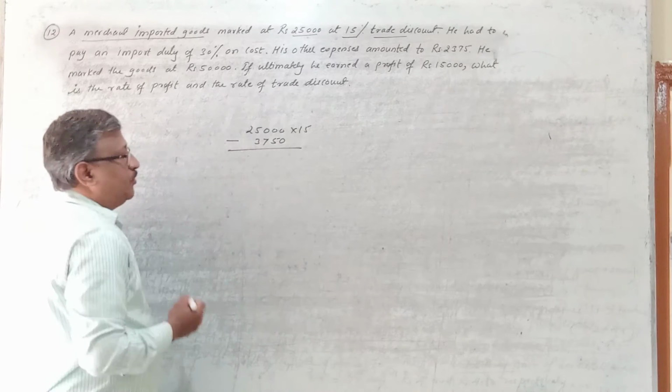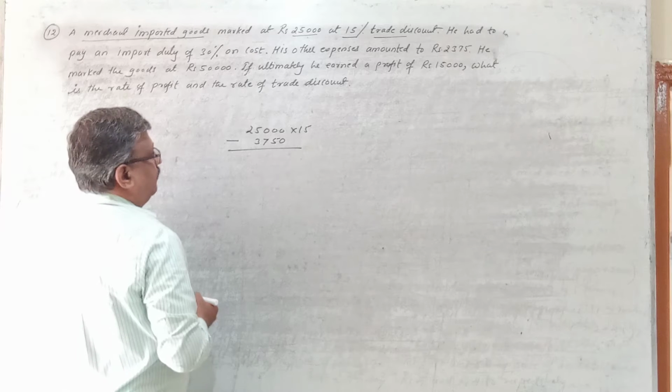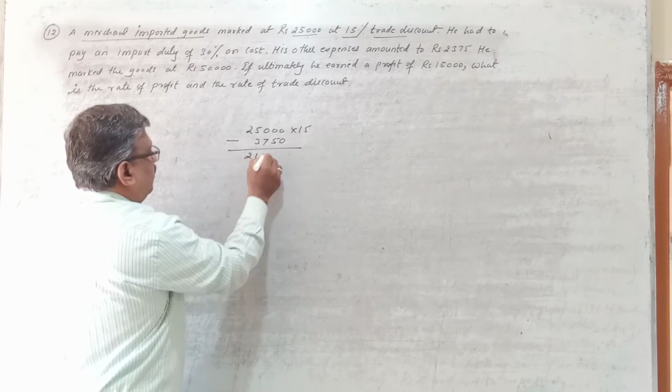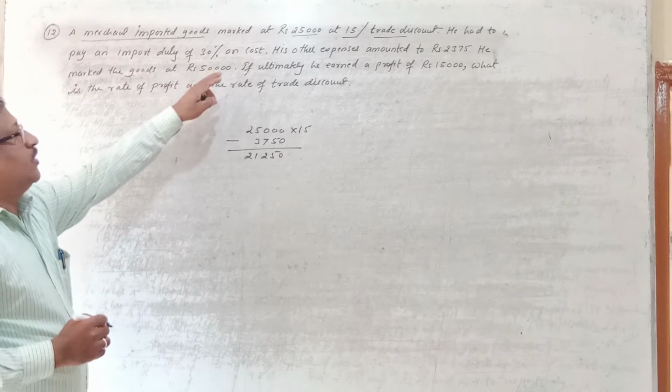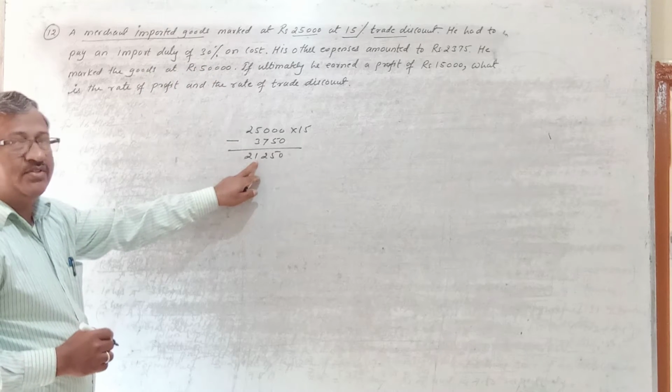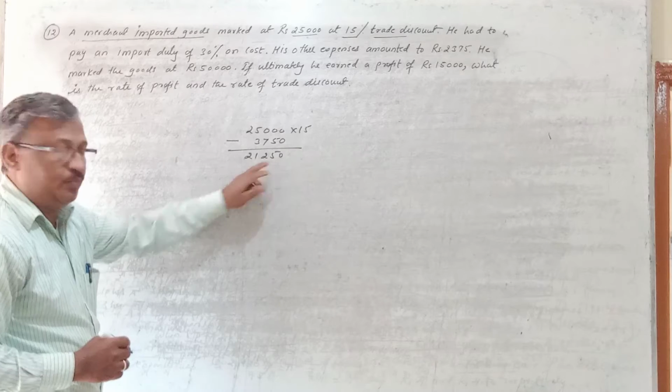This discount you subtract from 25,000, and you get 21,250 rupees. Means the importer has imported the goods at a price of 21,250 rupees.